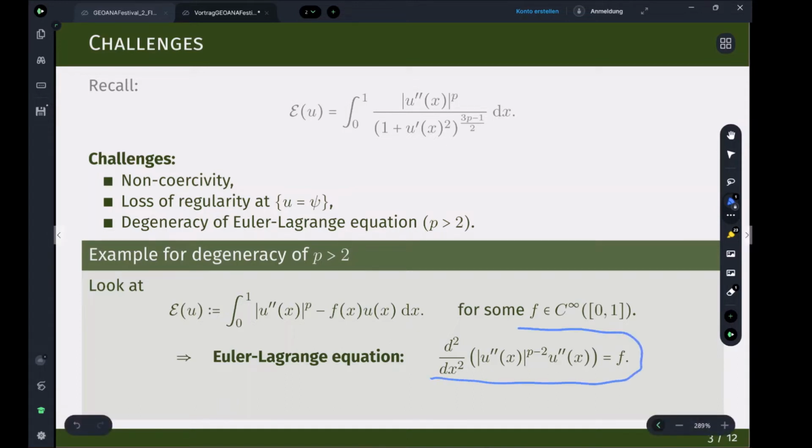And then we can compute the Euler-Lagrange equation, and it's going to be this Euler-Lagrange equation. And the question is, will such an equation have regular minimizers? And the answer is unfortunately no, or in general no, because it is degenerate elliptic.